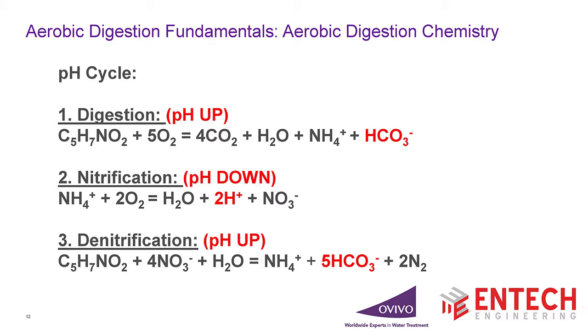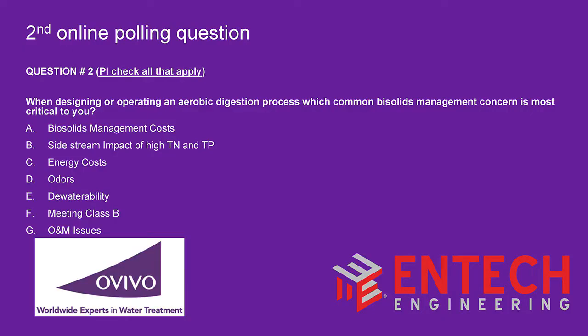So I think, Brian, ready for the next poll question. So the question is, when designing or operating an aerobic digestion process, which common biosolids management concern is most critical to you?